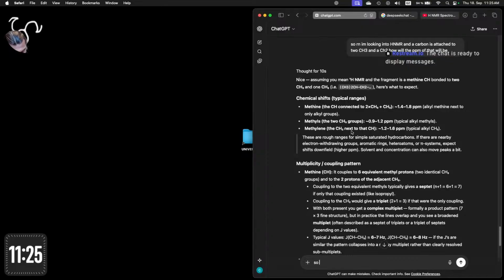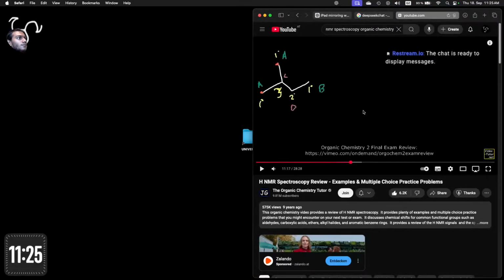So that's C. And D, it's 0.9. D, 3 hydrogen. It's interesting. Will be found in that compound.